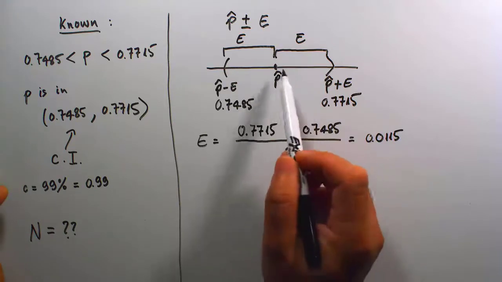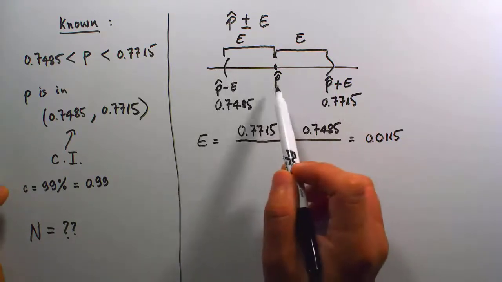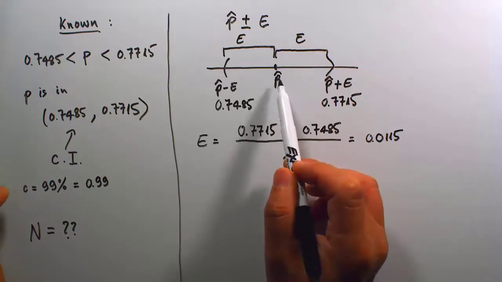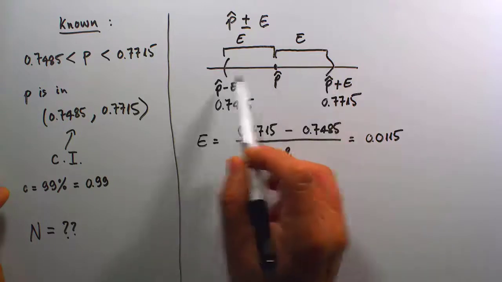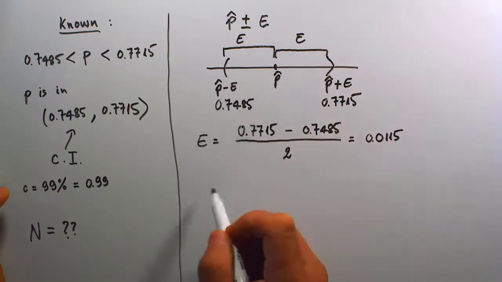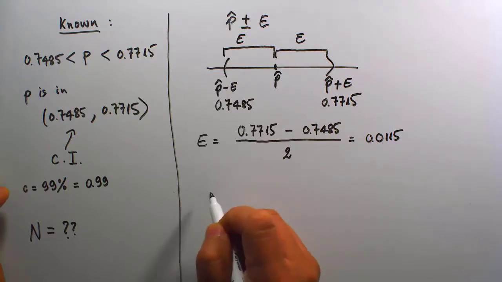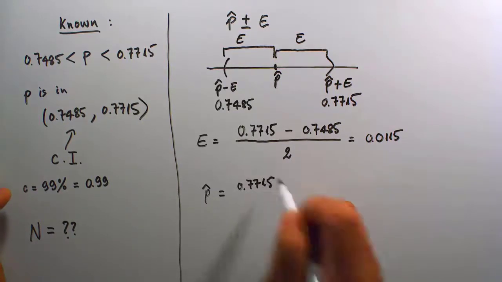Take account of the fact that this or any other interval has the sample proportion value right in the middle. Being the midpoint of a segment like this, being a midpoint of any distance, the standard math to find the midpoint value is always, we're going to go 0.7715. This is the high end.